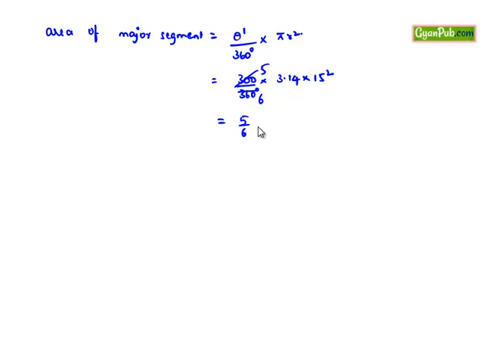Therefore we get 5 by 6 times 3.14 into 225, which is 15 square, that is 588.75 centimeter square. This is the area of the major segment.